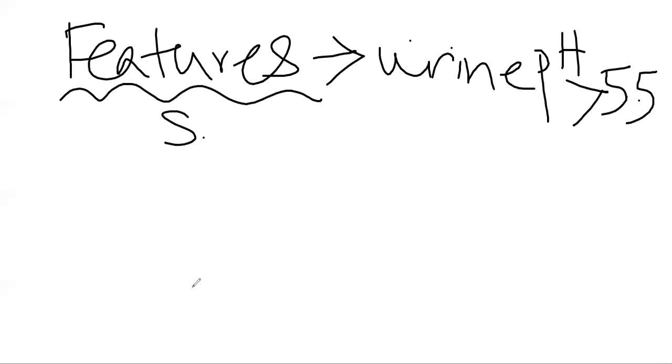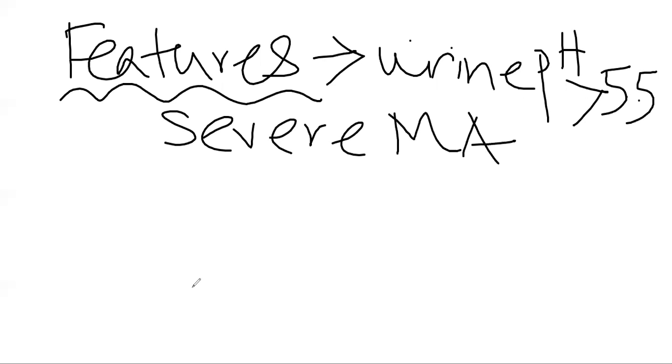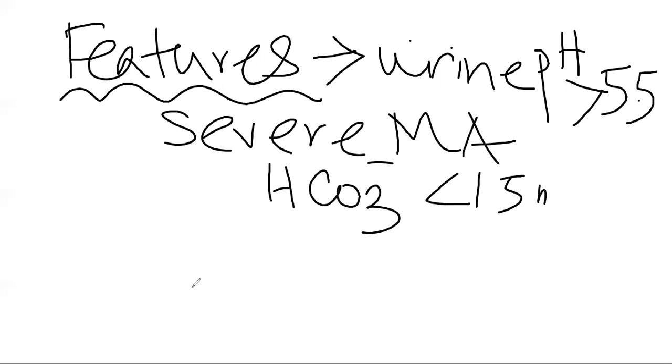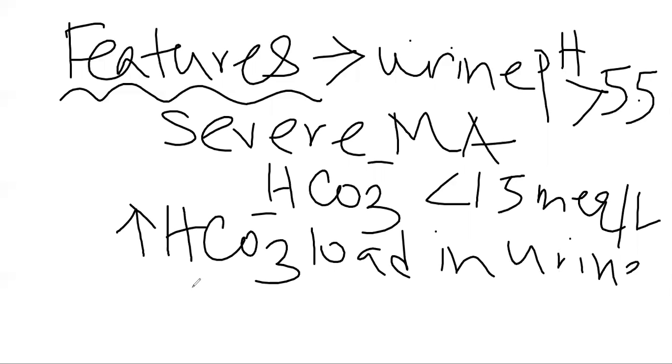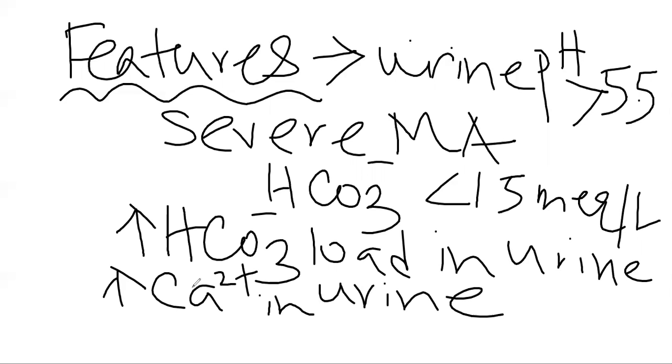There will be severe metabolic acidotic situation where bicarbonate ion will be less than 15 milliequivalent per liter, and increased bicarbonate load in the urine, and increased calcium ion in urine, which is known as calciuria.